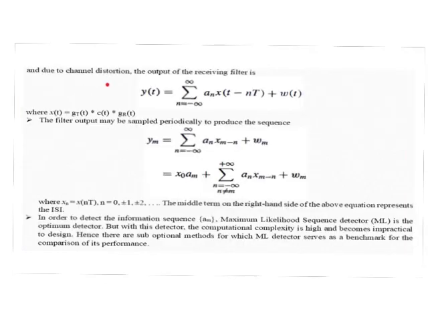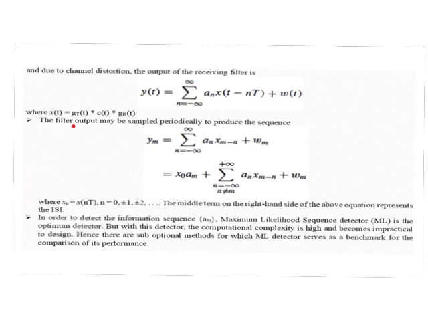Now, due to the channel distortion, the output of the receiving filter can be expressed as y of t equal to summation n equal to minus infinity to plus infinity a n x of t minus nT plus w of t.